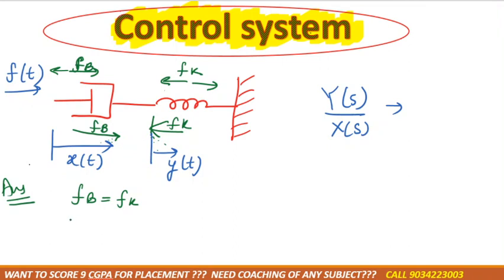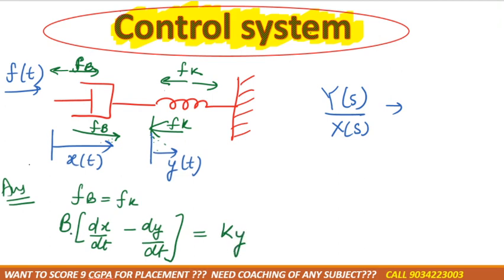So for the damper, we can state that B into dx by dt minus dy by dt, because they are in opposite directions, is equal to FK, which is Ky, right? So we can represent it as B(x dot minus y dot) is equal to Ky.